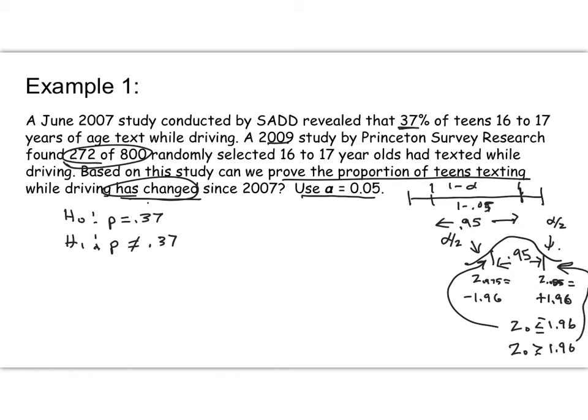And again, if it's in our tails, it's unusual, because this is the bottom 2.5% of all data in a normal curve if 37% is our proportion, and this would be the top 2.5%. So let's calculate what p hat is.